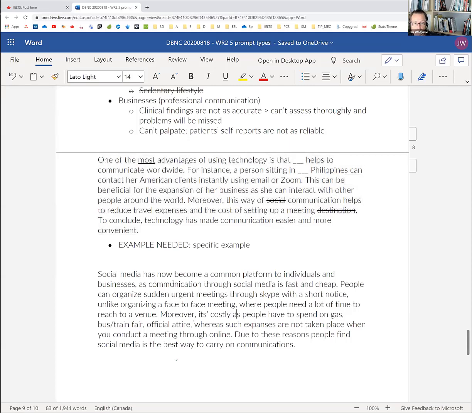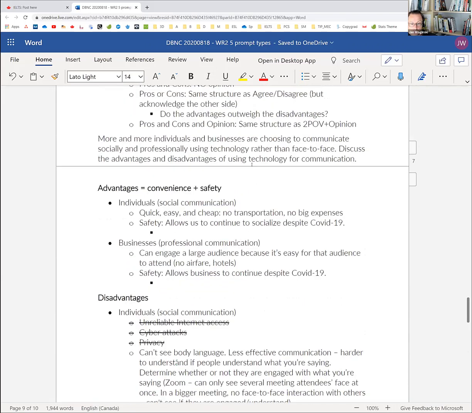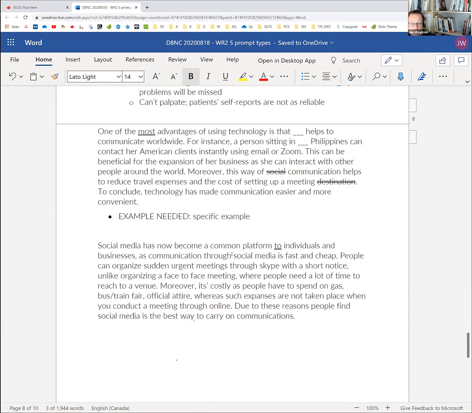Okay, social media has now become a common platform for individuals and businesses as communication through social media is fast and cheap. Remember what we did up here, Kelly? Right, the key idea is convenience and safety. That would be a good topic sentence, just like Chamri has done here. Right, it's fast and cheap.